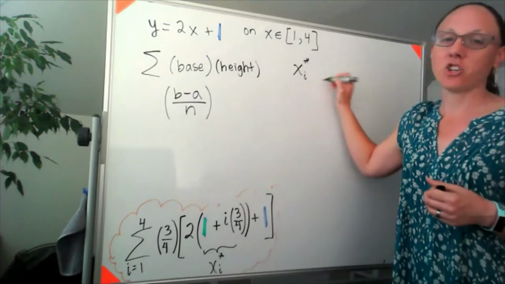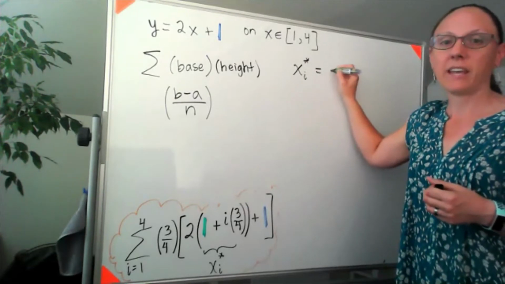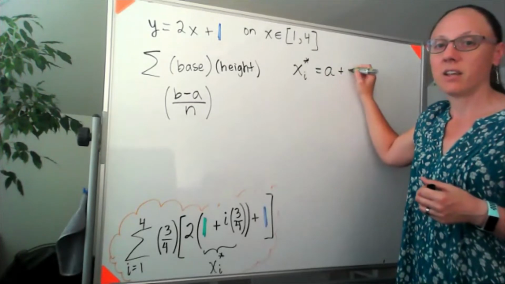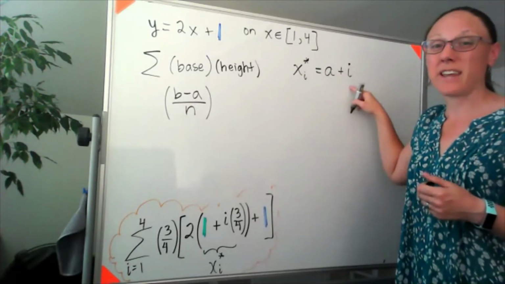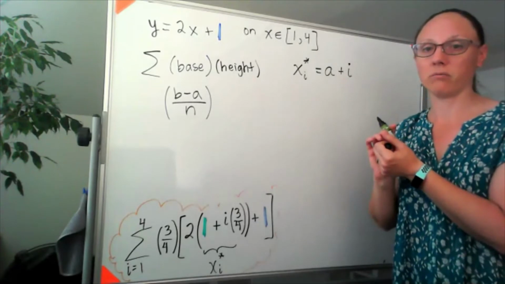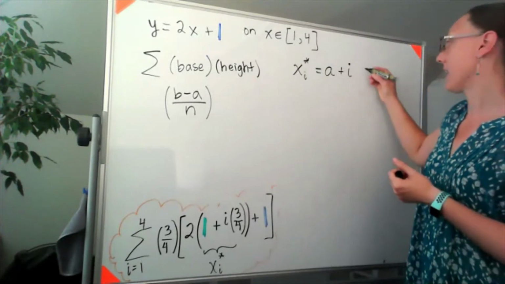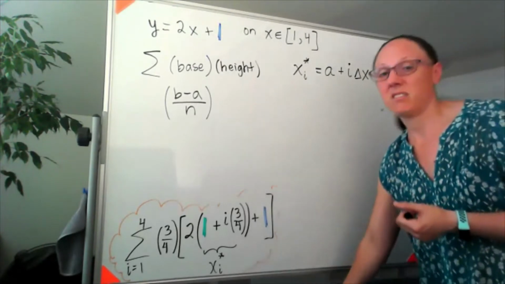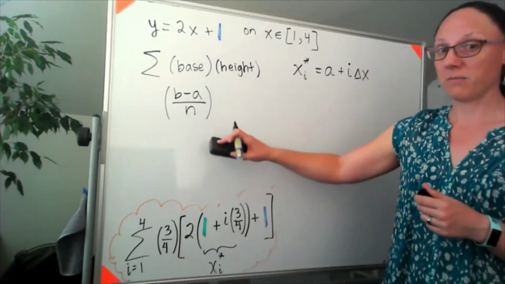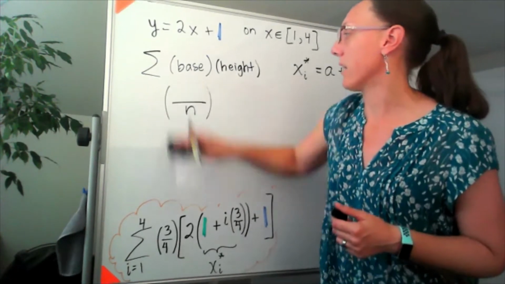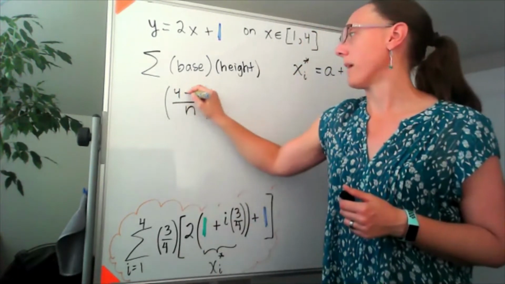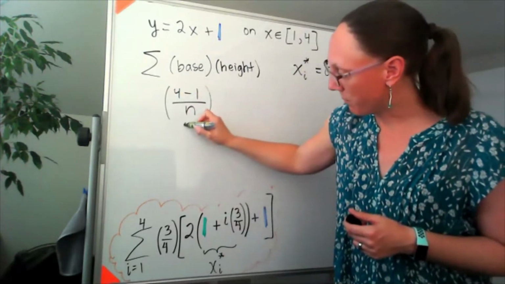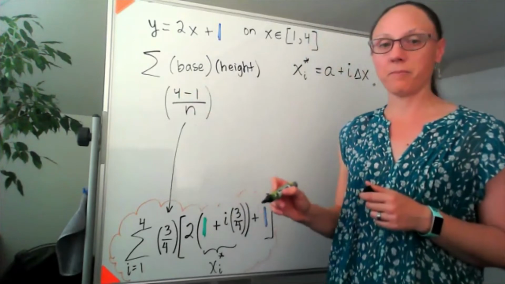And to get that generic x value, it's whatever I started at plus i, which is really just telling me how many times have I moved over, i times delta x. So for us, this base piece of the b minus a over n is going to become 4 minus 1 over n. So that's matching up with this.